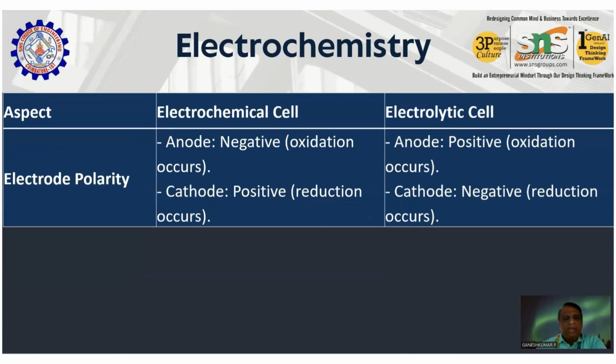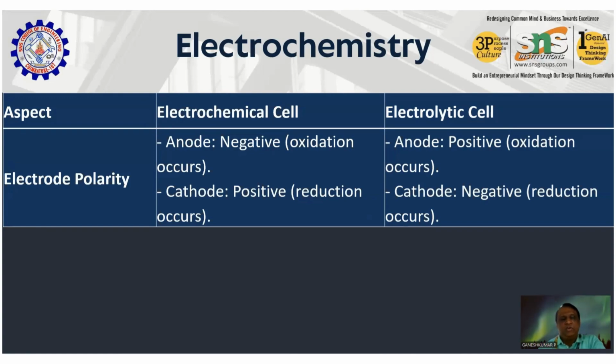And the electrode polarity. In the first lecture series about introduction to electrochemistry, we discussed that the polarity may reverse depending upon the situation. That is, in the electrochemical cell, anode is negative and cathode is positive. In electrolytic cell, the anode is positive and cathode is negative.